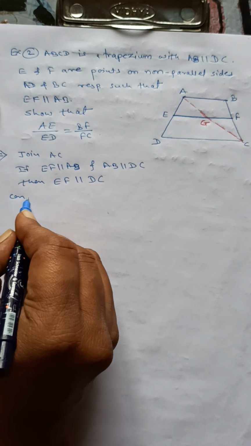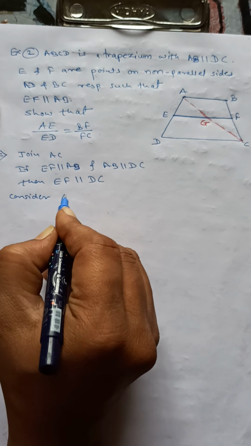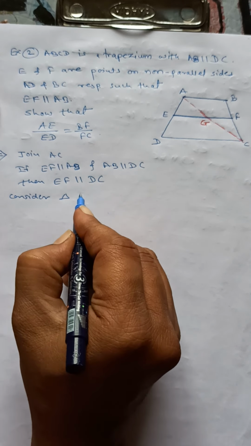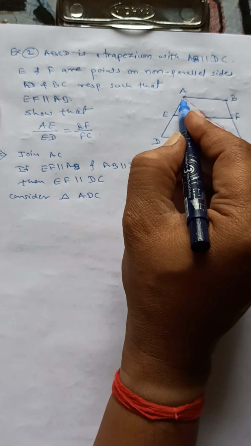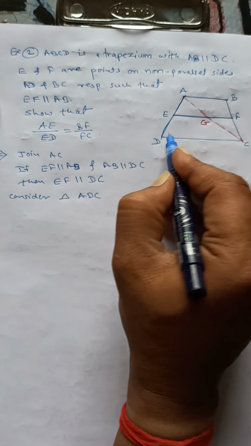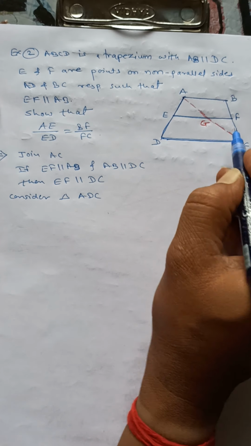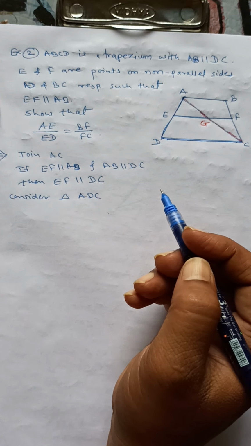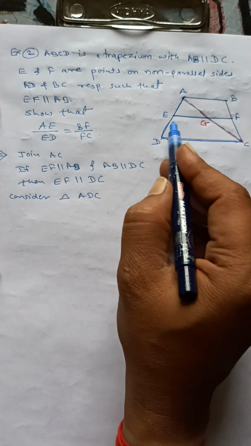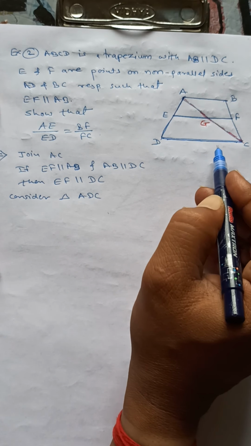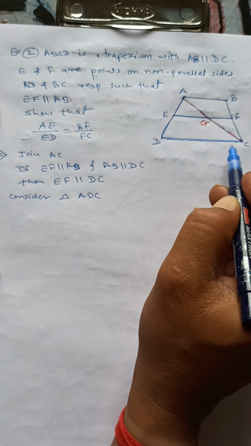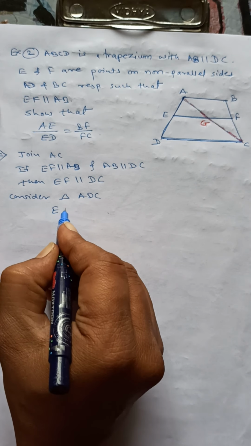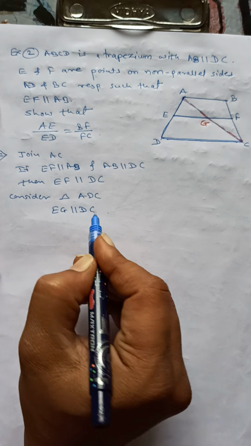Now consider the triangle ADC. In triangle ADC, EF is parallel to DC, so EG is parallel to DC.